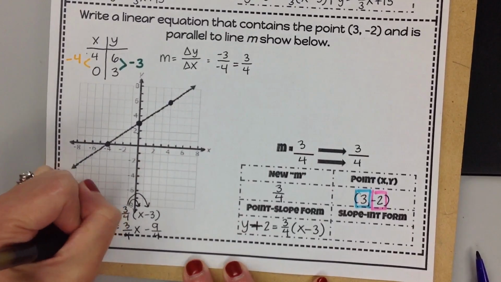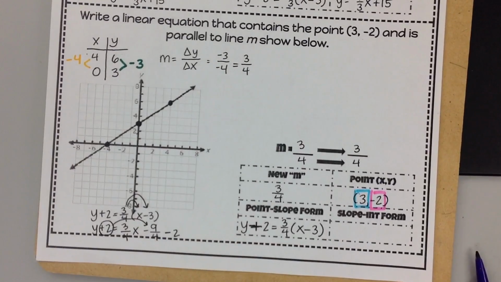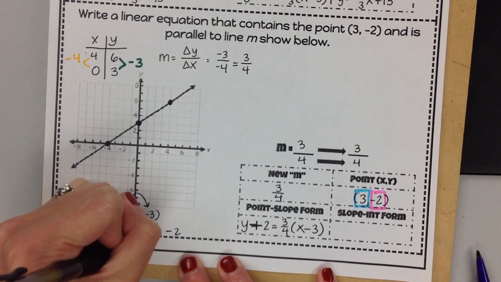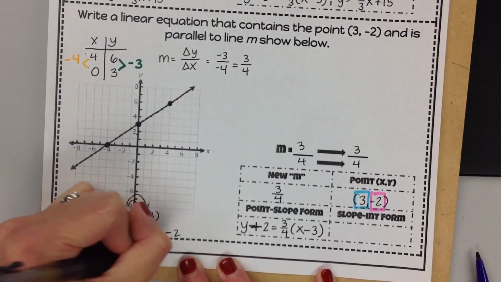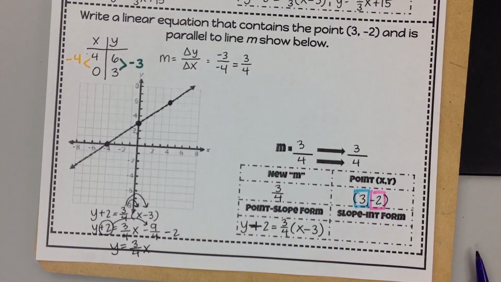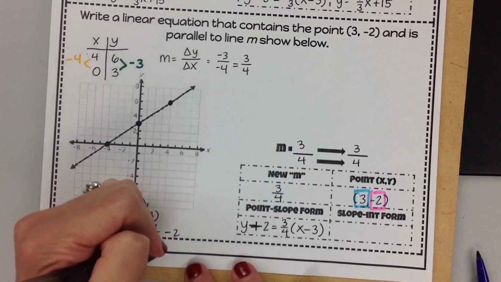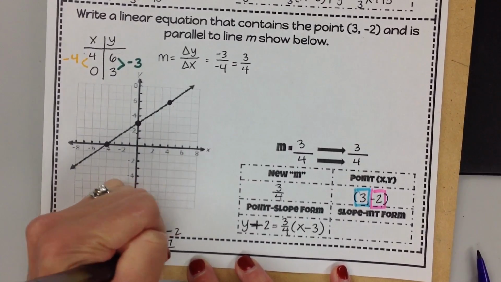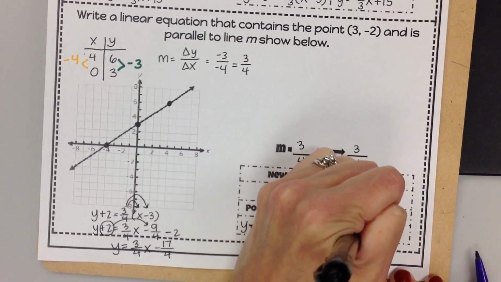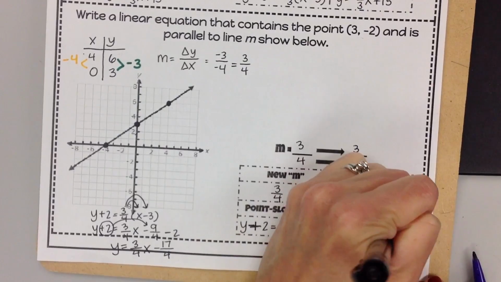And now I have to move my 2 over, and when I move it over, it's going to change to a negative 2. So now I have y equals 3/4 x, and now I've got a negative 9/4 minus 2, and that's going to simplify to negative 17/4. Y equals 3/4 x minus 17/4.